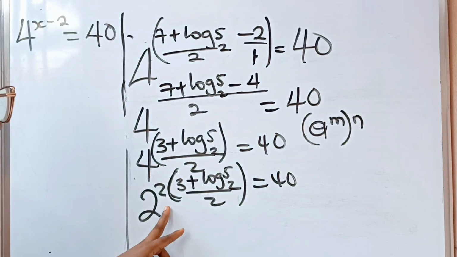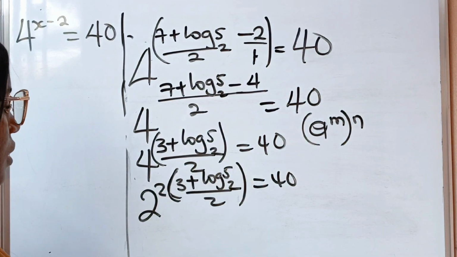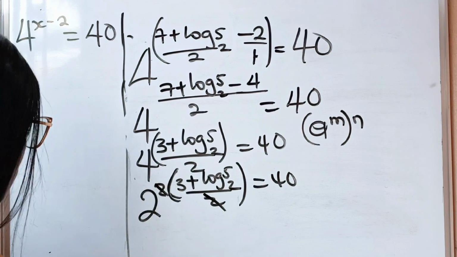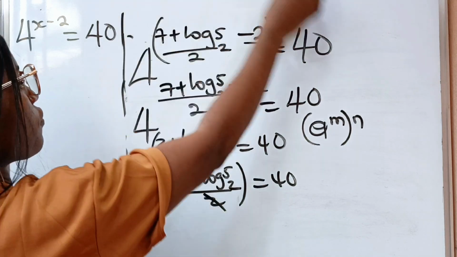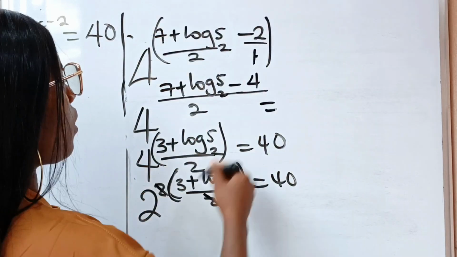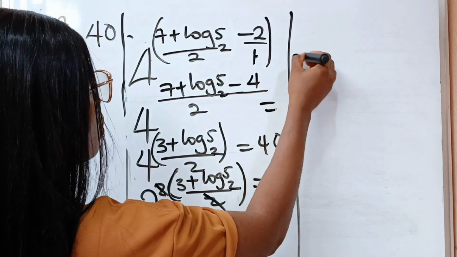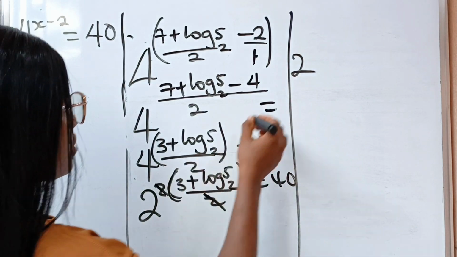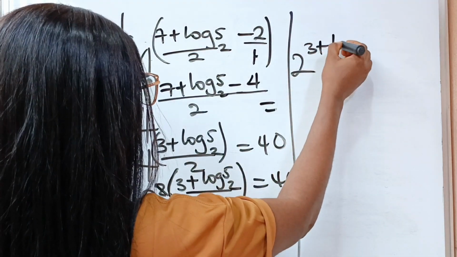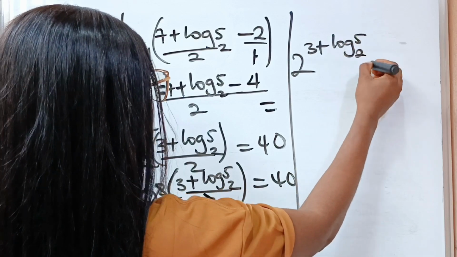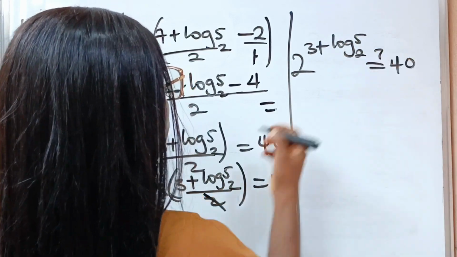So the same way, if I multiply 2 by this, notice that this will cancel itself. So what we now have is 2 to the power of 3 plus log 5 base 2. Is this really equal to 40?